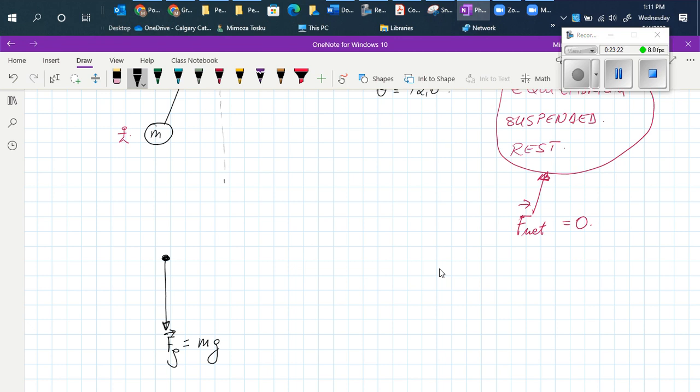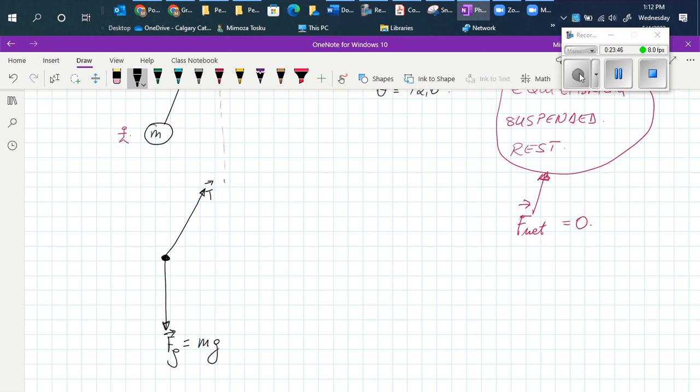Great. What else do we have since we have a string? We have tension. The tension force is always from the object along the string.